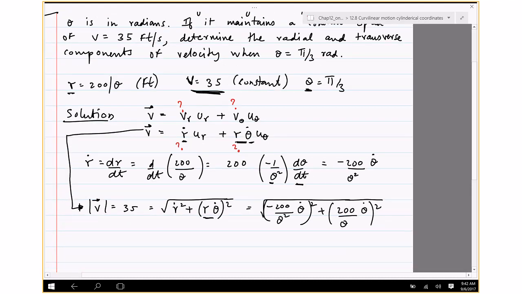So right here in this equation, the only unknown is theta dot, because theta is pi divided by 3. That's given. So if I have one equation and one unknown, theta dot, then I can solve for it. So theta dot comes out to be 0.13.